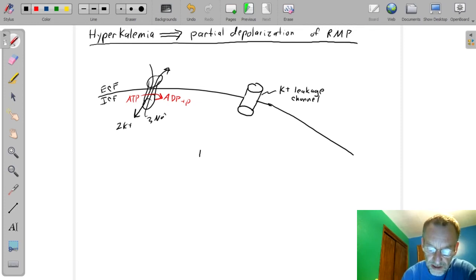And you know that we have a high concentration of potassium inside the cell and a low concentration of potassium outside the cell, and the potassium leaks out.